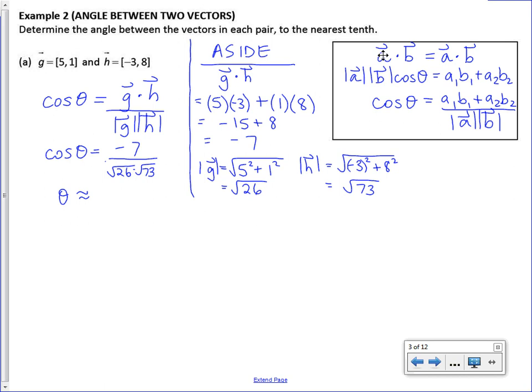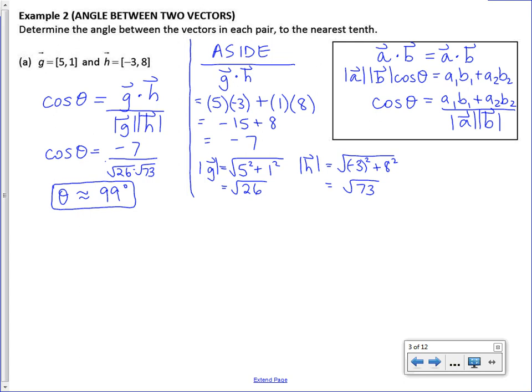I just got 99 degrees. Did you get 99 degrees? We are good, and that's confirmation about the whole obtuse. So that's a nice double check for yourself. Without having to do any graphing of any vectors, you found the angle between those two vectors.